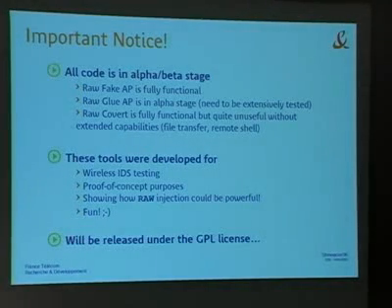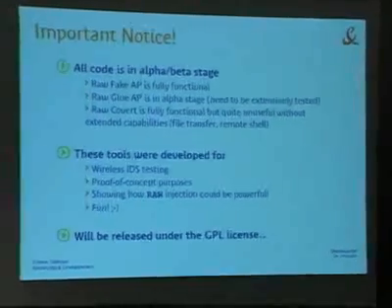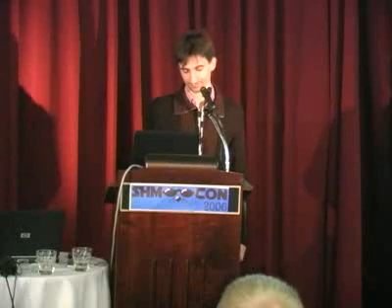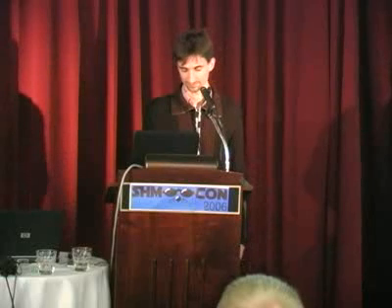And the last one is a covert channel tool, which is very basic, but shows that using a wireless covert channel could be very easy and feasible. These tools were developed for wireless IDS testing, for proof of concept purposes, to show how powerful raw injection can be, and a bit for fun also.